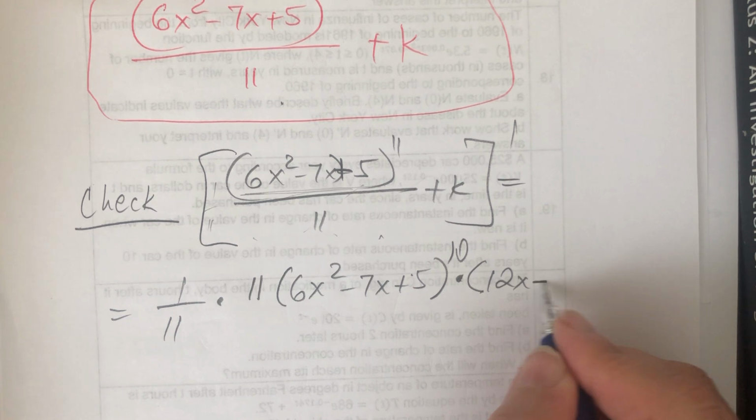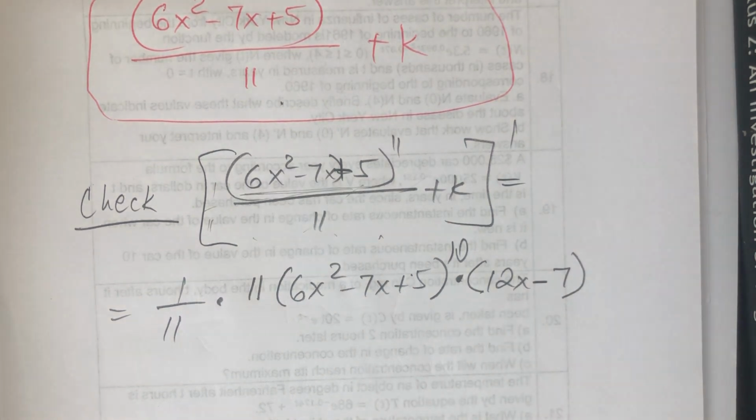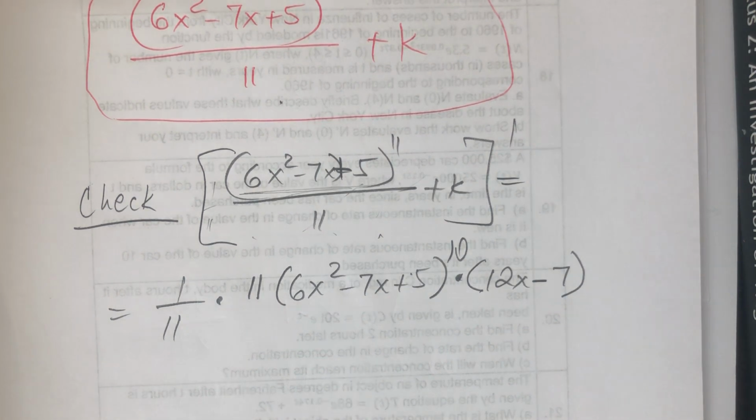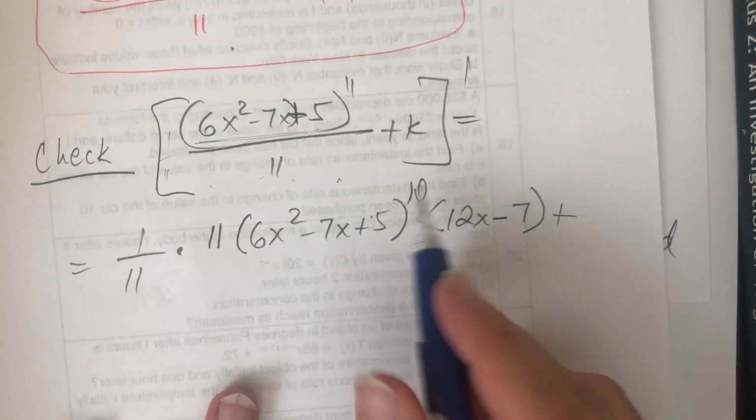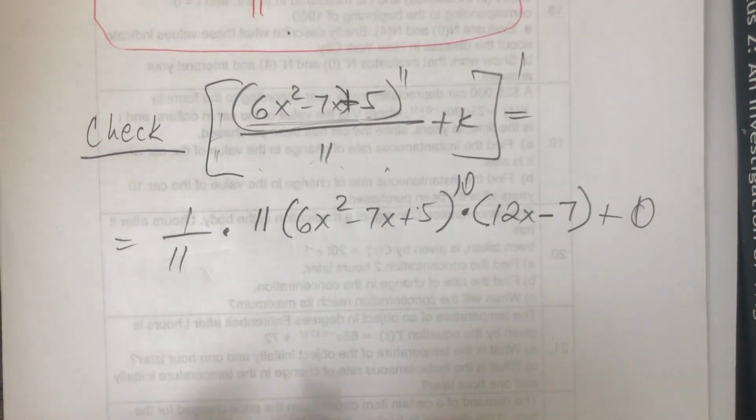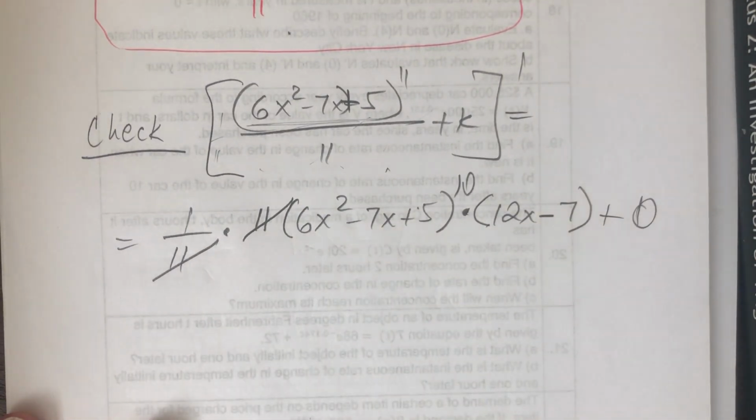how I keep saying put parentheses around it, okay? And that's why also, because you're not just multiplying it to 12x, you're multiplying it to the whole 12x minus 7, right? And that's the chain rule. Plus, what's the derivative of k? Well, that's 0. Okay, so what happens to the 1 over 11 times 11?